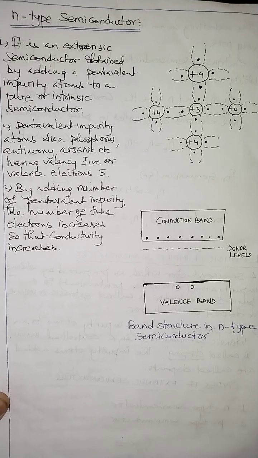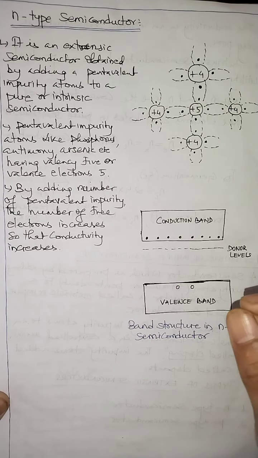Now you know that extrinsic or impure semiconductors are basically classified into how many types? Two types. One is called N-type semiconductor and the next is P-type semiconductor. This classification is on the basis of the addition of impurity atoms to the pure semiconductor.